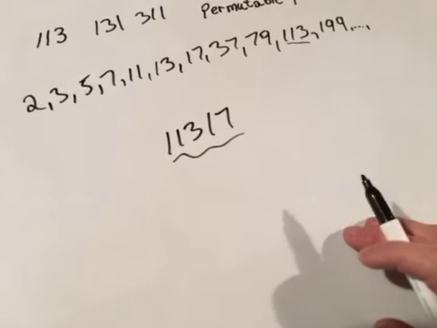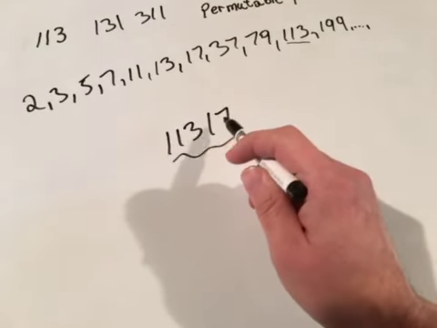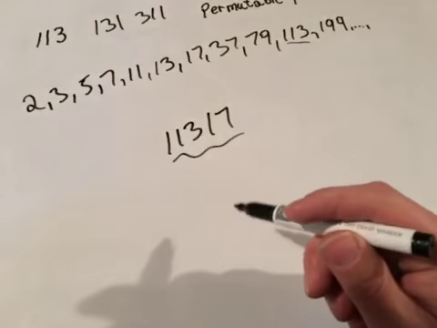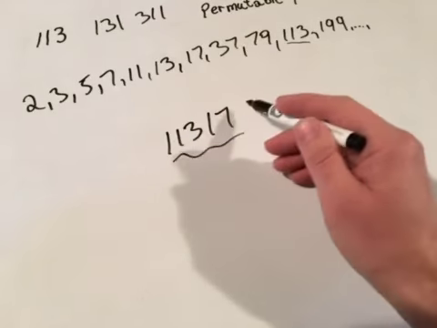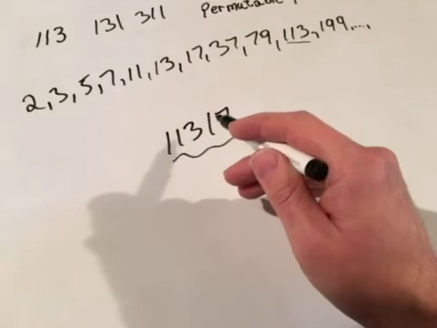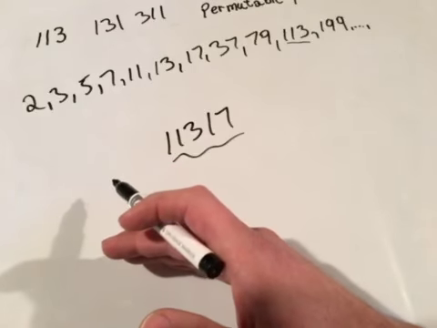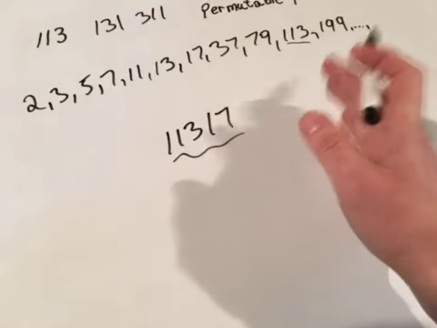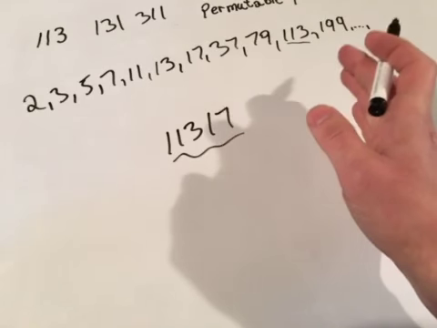And I also am not sure about, is 11317 a permutable prime? We can look at this and say, well, there's no 2 in this number, right? Because if there was a 2 in here and you took all the permutations, then you would have a number that ended in 2. And if it ended in 2, then it has to be even, and therefore it cannot be prime.